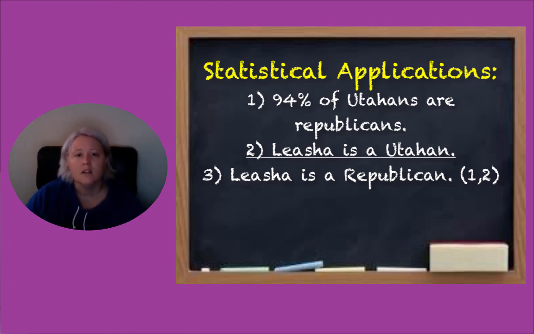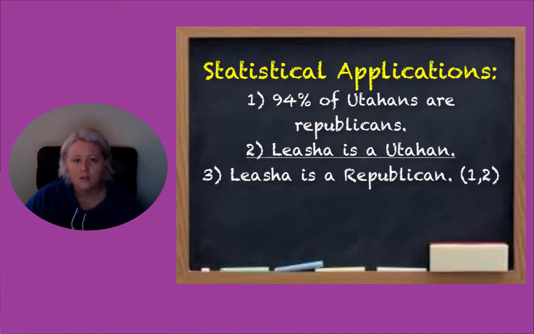So, for example, if we know that 94% of Utahns are Republican, and Leisha is a Utahn, we then can claim that Leisha is a Republican. Now, of course, this isn't a deductive argument. The conclusion doesn't follow necessarily, but it's a pretty strong argument. If it's true that 94% of Utahns are Republican, and Leisha is a Utahn, then it's pretty likely that Leisha is a Republican, but it's not necessarily true.